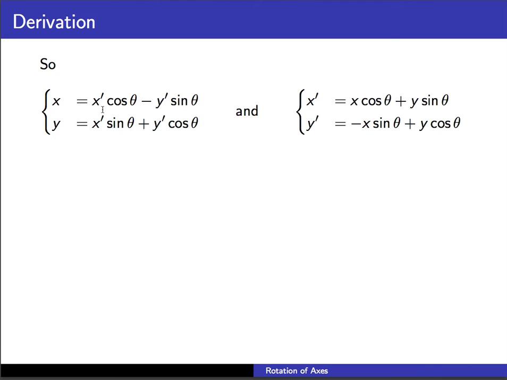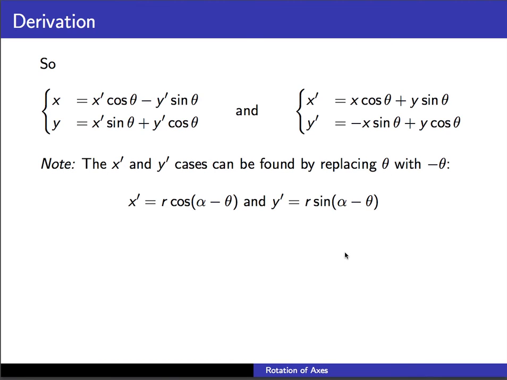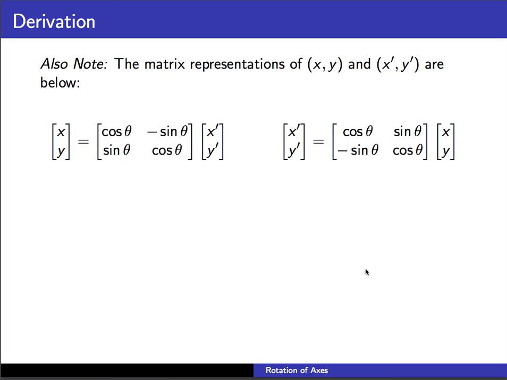Now if we want to solve for x prime and y prime, then x prime is x cosine theta plus y sine theta, and y prime is negative x sine theta plus y cosine theta. We get those by replacing theta with negative theta, so we have r cosine of alpha minus theta, and y prime is r sine of alpha minus theta, and then we expand out. Also note, if you've had some work with matrices in the past, the matrix representations of x, y and x prime, y prime are below.